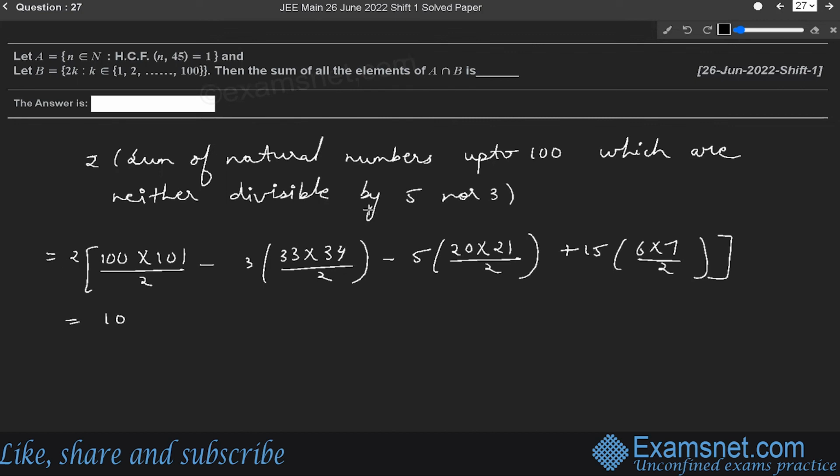So this will be equal to 10,100 − 3,366 − 2,100 + 630. On further adding and subtracting the values, this will be equal to 5264. Therefore, the correct answer for this question is 5264. This is the required sum of all the elements of A ∩ B.